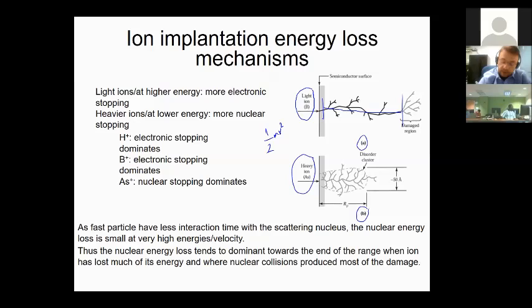Okay, since their mass is different, let's say this is m2, this is m1, the velocity of the boron ion will be higher than the velocity of the same energy arsenic, right? Since the velocity is large, while it's passing through the crystal structure, it will not have enough time to actually interact with the silicon.